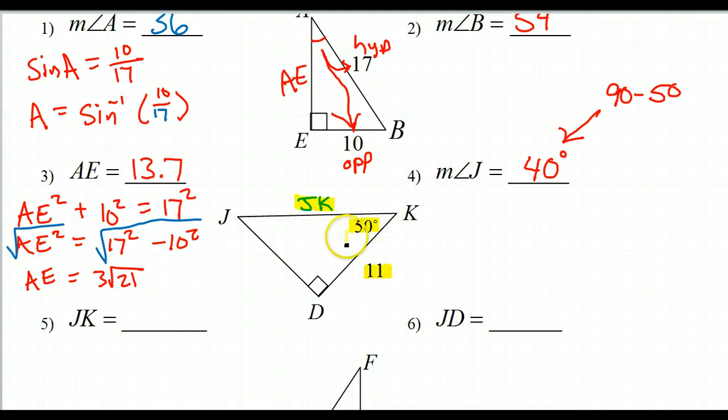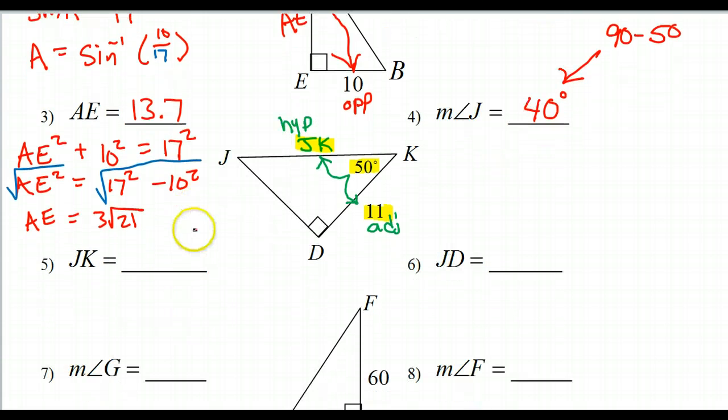So we've got the 50, we've got the 11, and we've got the JK that we're looking for. Looking at these three pieces, which trig function are we going to use? Well, from the perspective of the 50, JK is the hypotenuse, and 11 is adjacent. So that is the cosine function.